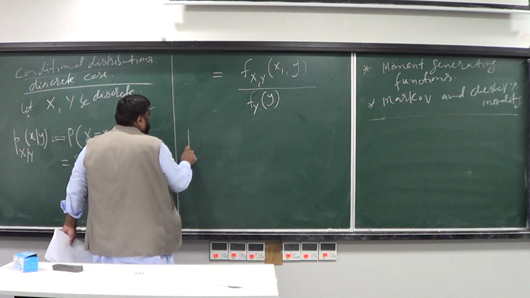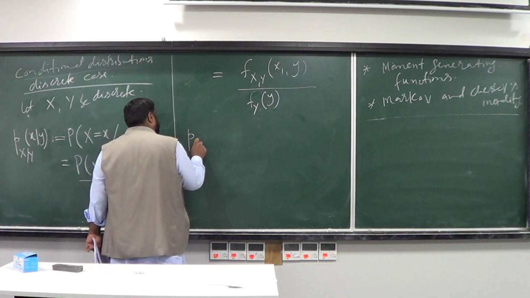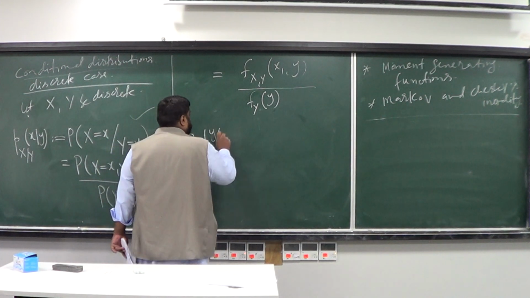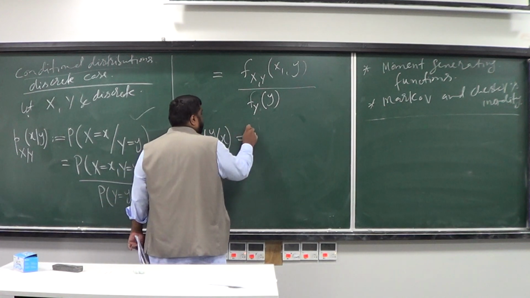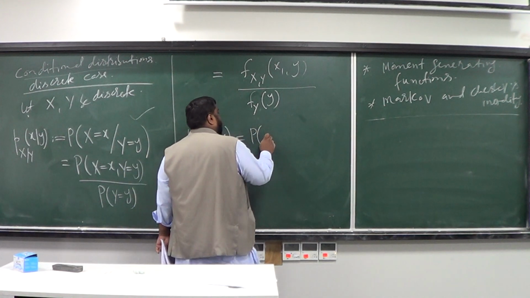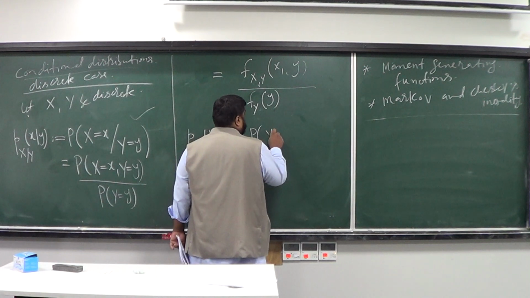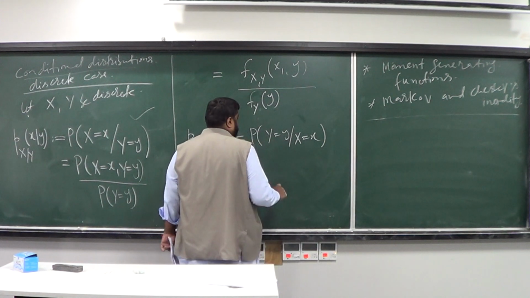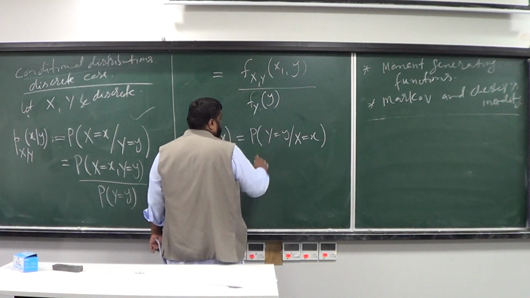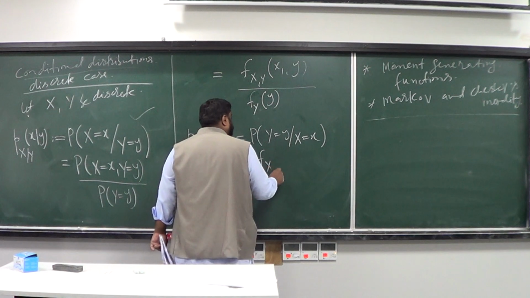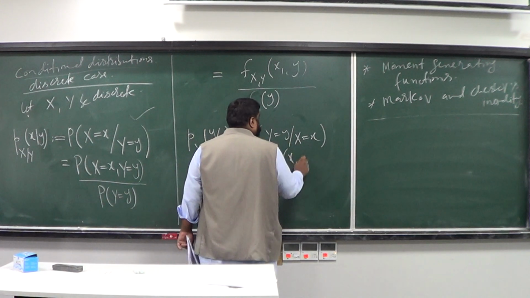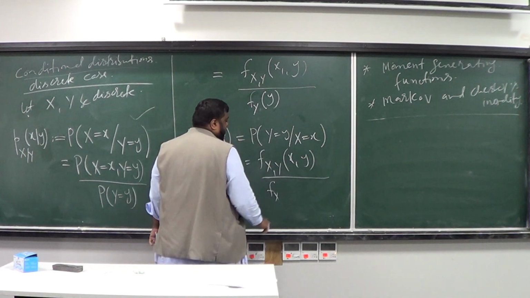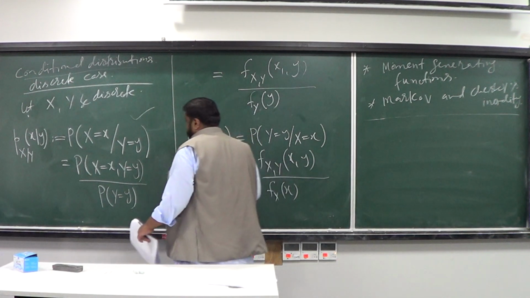Similarly, you can also compute the probability of Y given X, which means the probability that Y is y given that we know X is x. By the same calculation, this is equal to the joint PDF divided by the marginal PDF of X evaluated at small x.